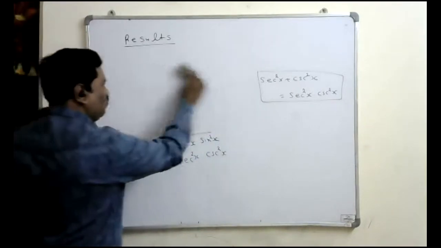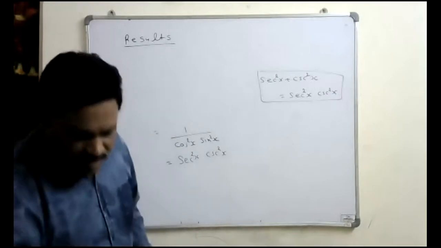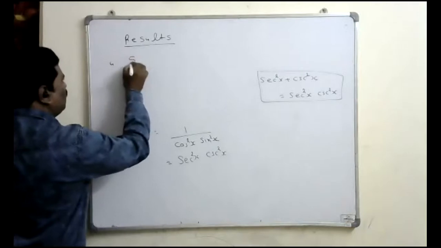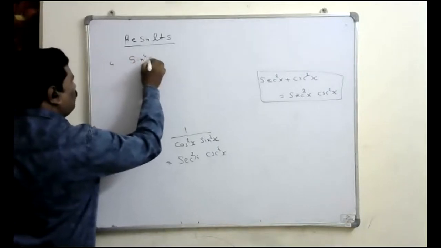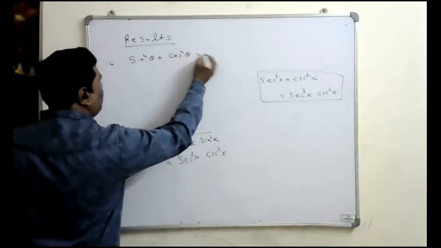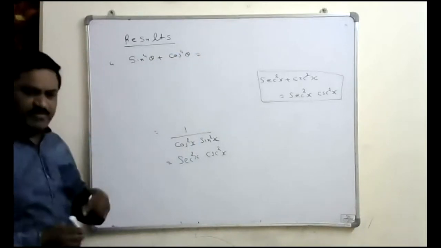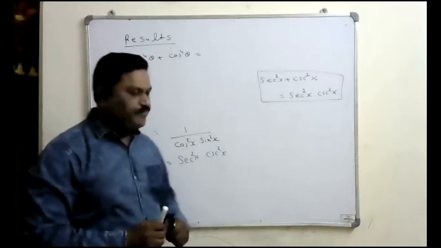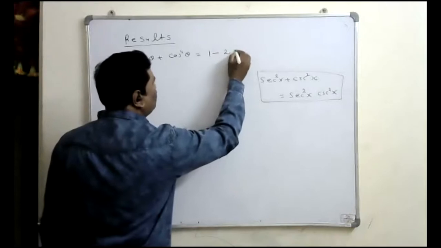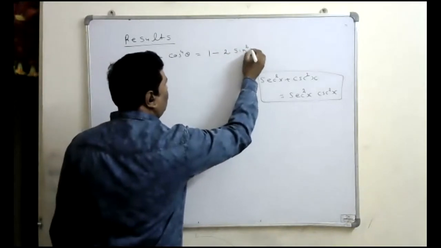Previously I already gave you two results, and we have to remember them. The value of sin power 4 theta plus cos power 4 theta is equivalent to 1 minus 2 sin square theta cos square theta.